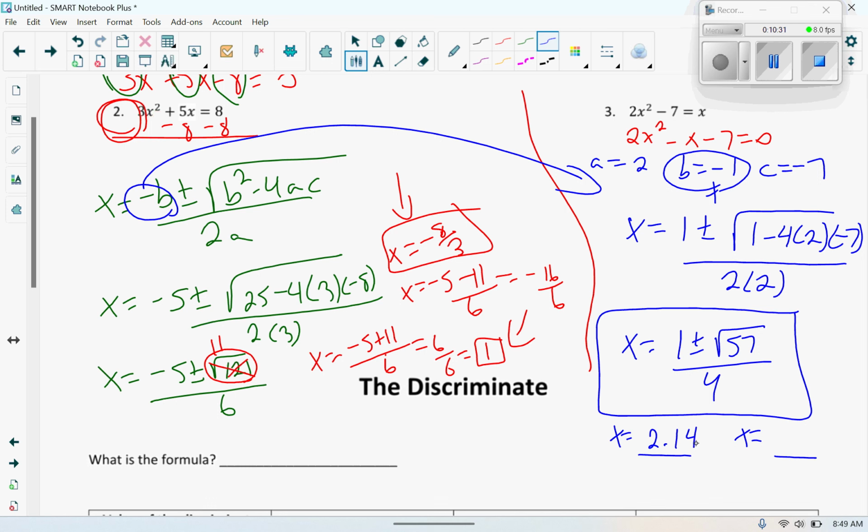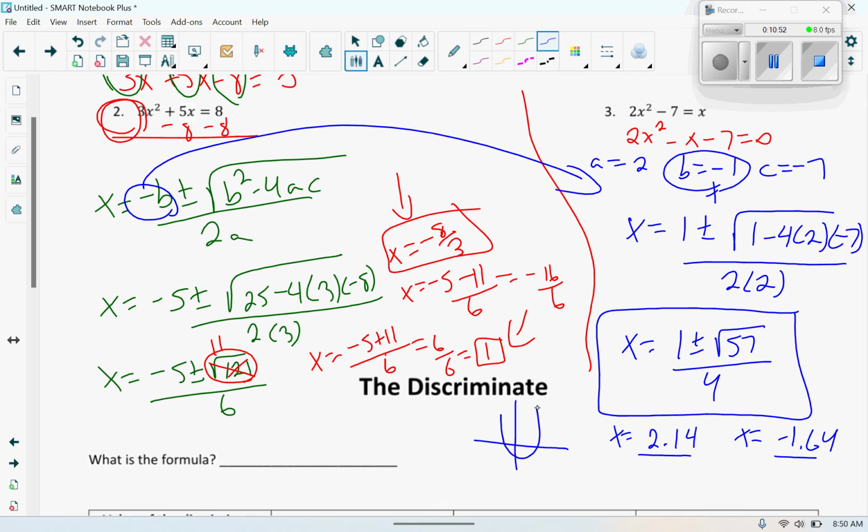And so I get about 2.14. When I do that, then I'm going to take 1 minus square root of 57, get that answer, and then divide it by 4, and I end up getting negative 1.64. So think about this on a graph.